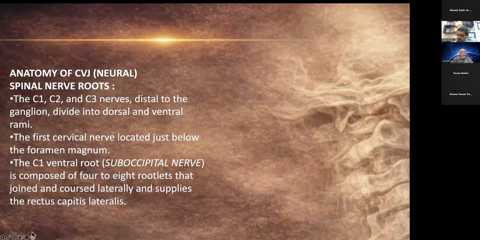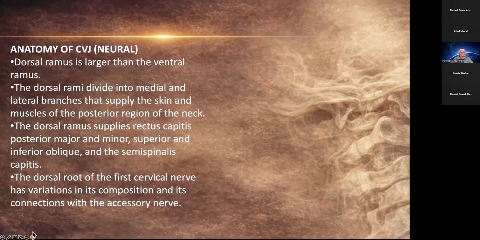The C1, C2, and C3 nerves distal to the ganglion divide into dorsal and ventral rami. The first cervical nerve is located just below the foramen magnum. The C1 ventral root, also known as the suboccipital nerve, is composed of 4 to 8 rootlets that join and course laterally and supplies the rectus capitis lateralis. The dorsal ramus is larger than the ventral ramus.